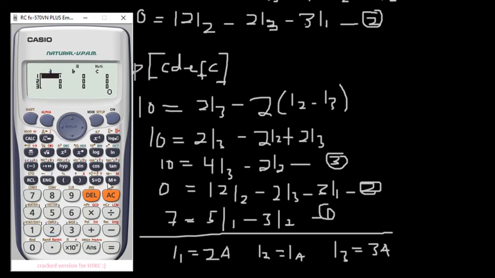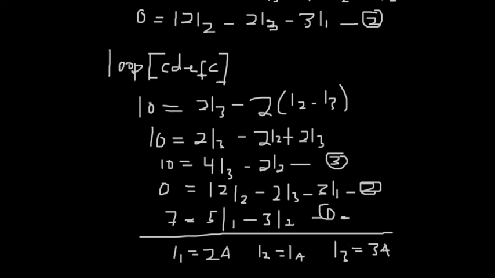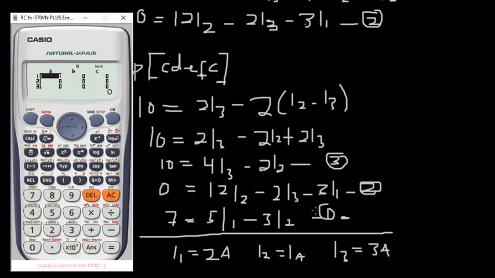After that, you start punching your values. Start from equation 1. You could start from 3, it doesn't matter, but I would advise you to start from equation 1. Notice that I1 is your X, I2 is your Y, and I3 is your Z. Keep that in mind.